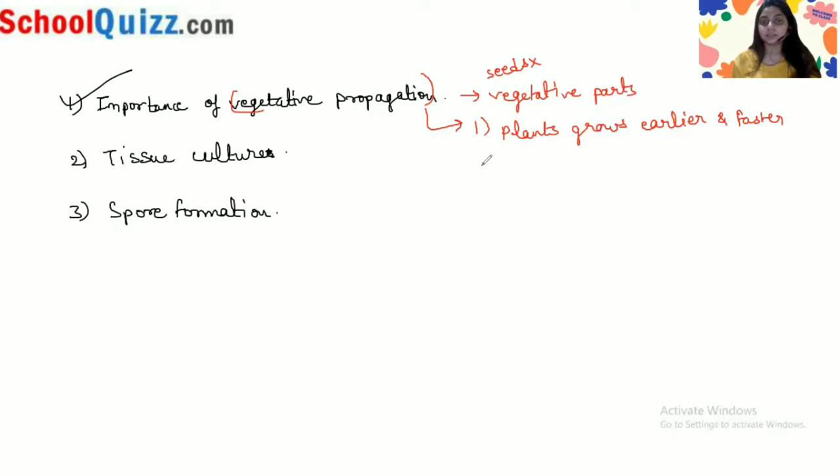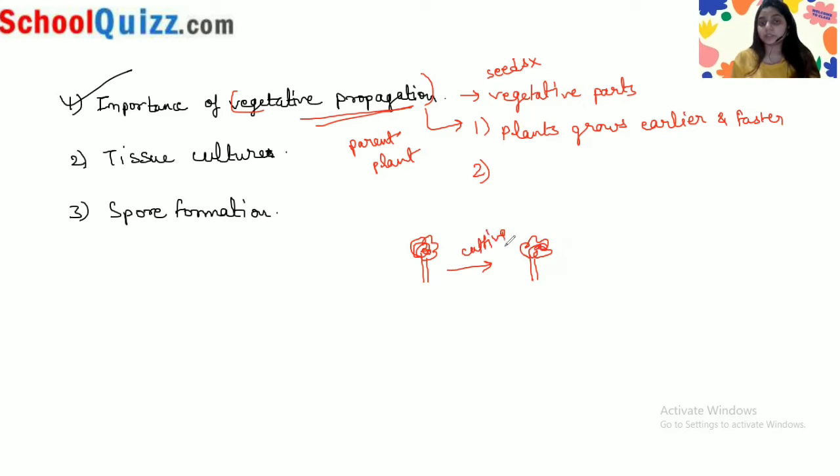Next, the second important point is that the plants grown from vegetative propagation are exactly similar to the parent plant. For example, this is a rose, and you produce a new rose plant by the cutting method of vegetative propagation.